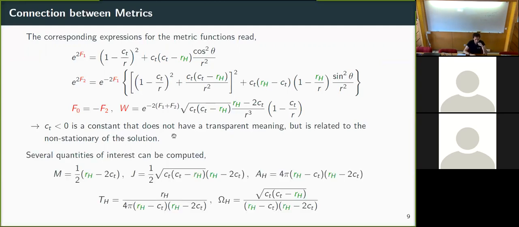This can be further verified when you compute the physical quantities. So here we have the angular momentum, and if you put CT to 0, the angular momentum is 0, and the horizon angular velocity is also 0. So you can have a sense what this CT is, but apart from that, it's not very meaningful.